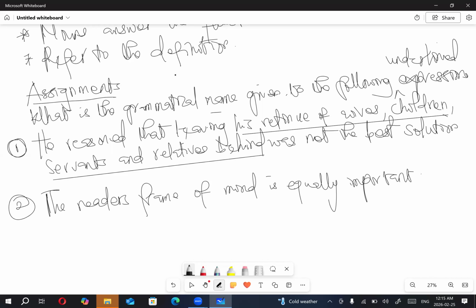So the underlined words are the reader's frame of mind. Let me know your thoughts on that. Let me see if I can add a third one.